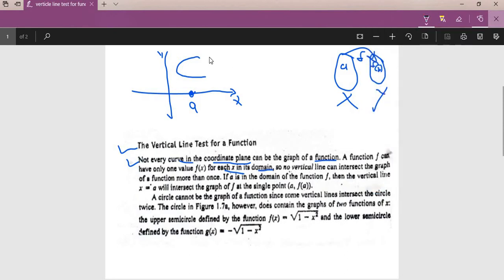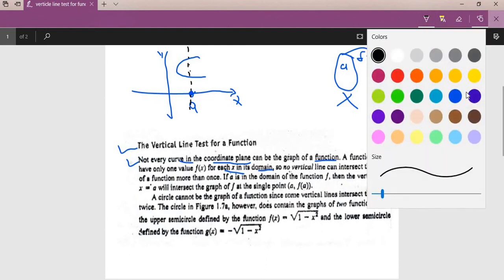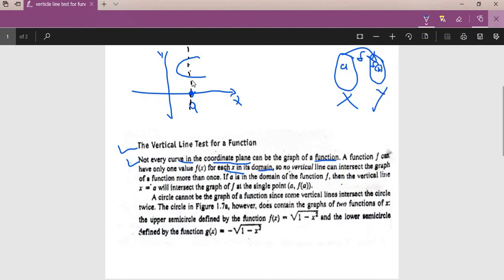If you draw a vertical line exactly on a, then this point is said to be (a, f of a).